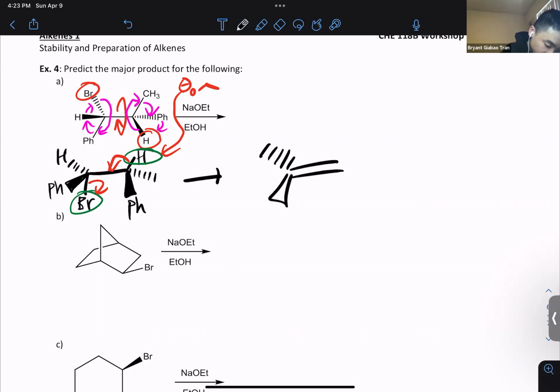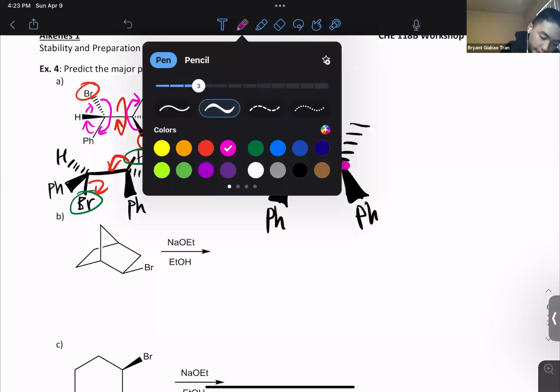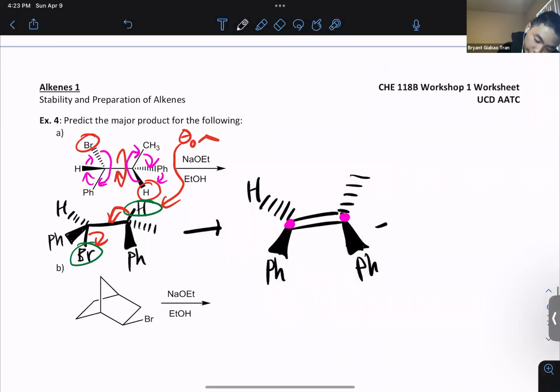So we see here we have a dashed hydrogen, a wedged phenyl group, a dashed methyl group, and then a wedged phenyl group. So since the carbons of the double bond are sp2, this is going to flatten out. So we're going to redraw this as this over here.